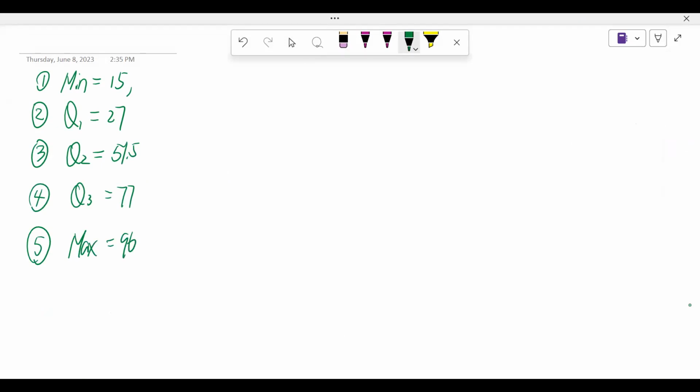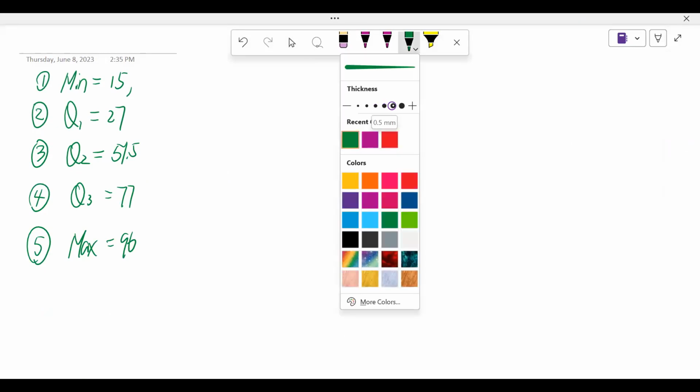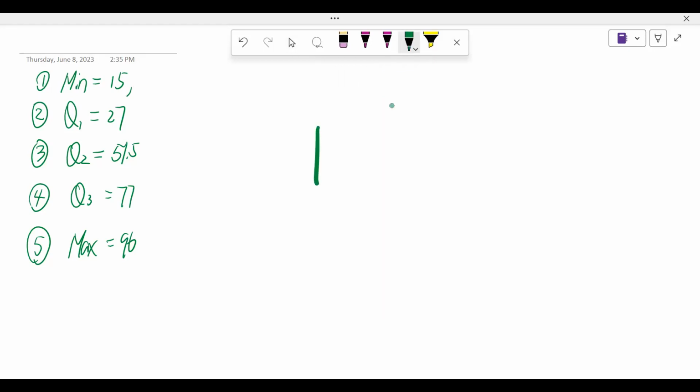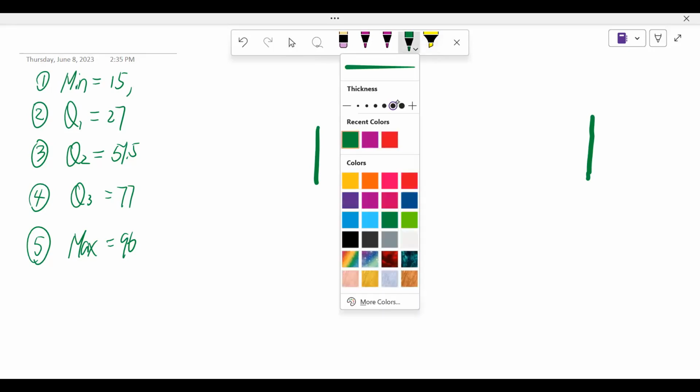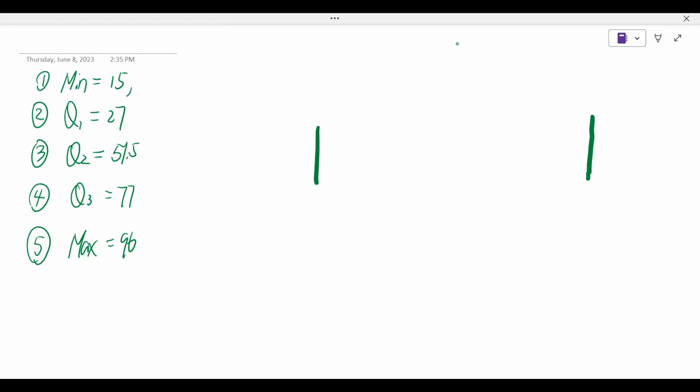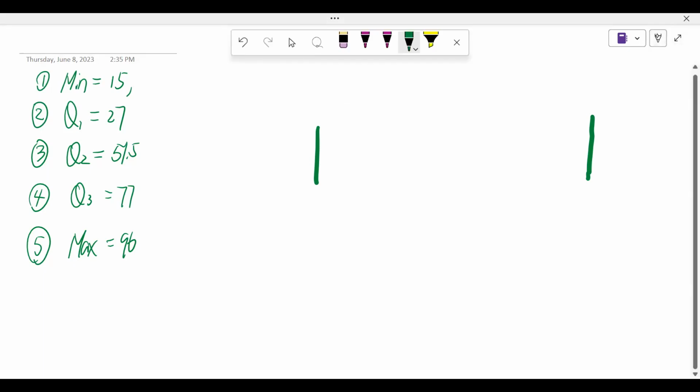Now let's create a box plot here with this. So you put a range here, put a line here, put a line here, represents minimum and maximum. So these two vertical lines, same length, right? Probably didn't do a perfect job here. Let me just maybe redo this a little bit. Yeah, you just redraw it.